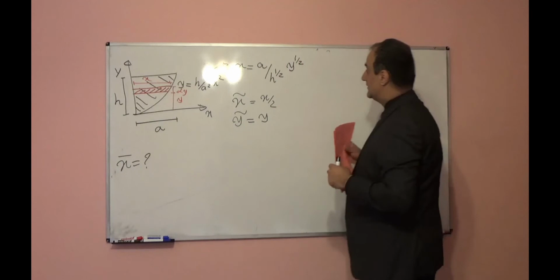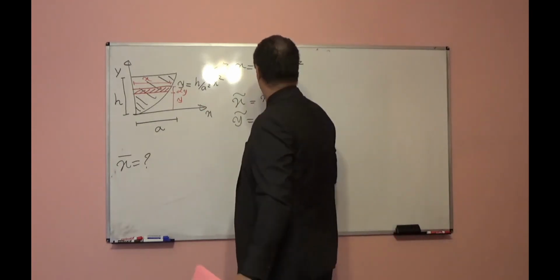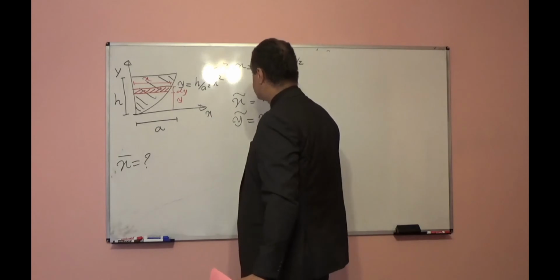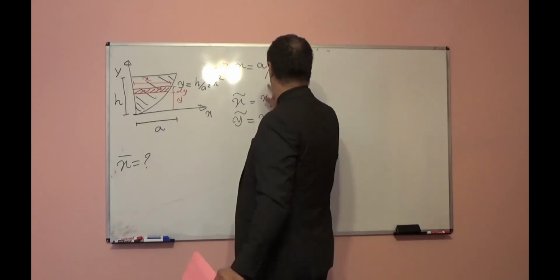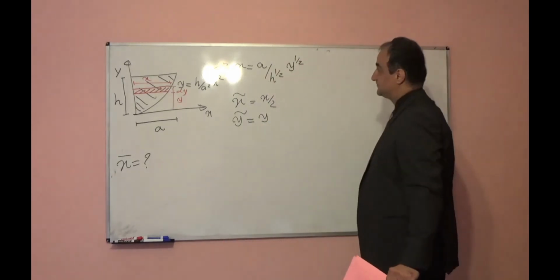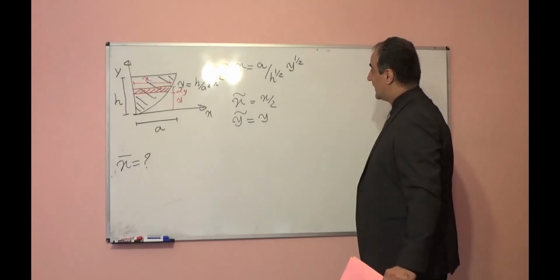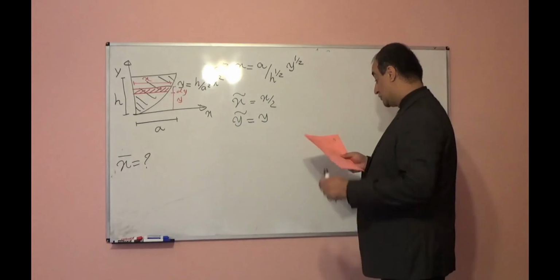Let's see, everything is right. Yes, this x will be equal to a divided by h to the power of 1 over 2, and y, yes, y to the power of 1 over 2.